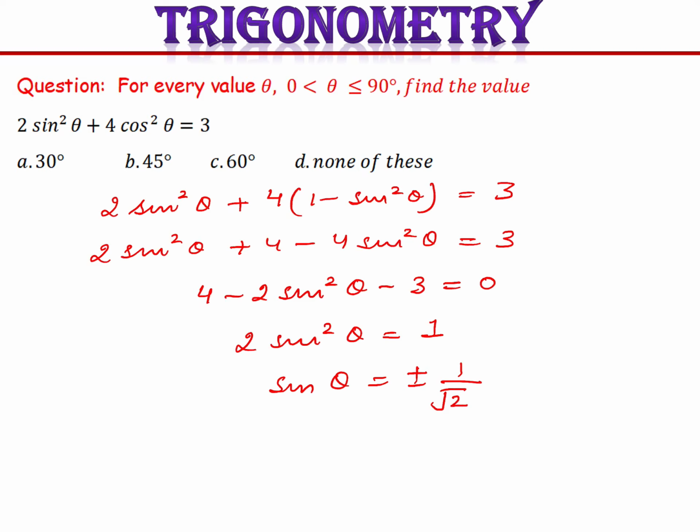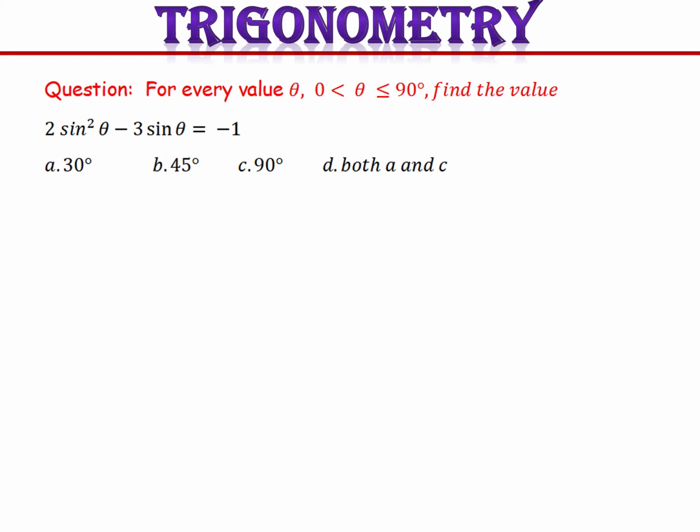Here it is saying theta lies between 0 and 90 degree. So I will reject the negative sign and I will take sine theta to be 1 by root 2. That means my answer is option B, and my value of theta will be 45 degree. Is this clear now? I hope it's clear. So we move to the next question.